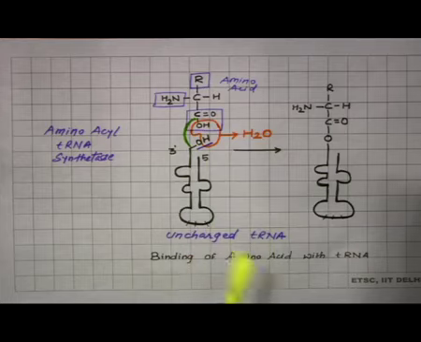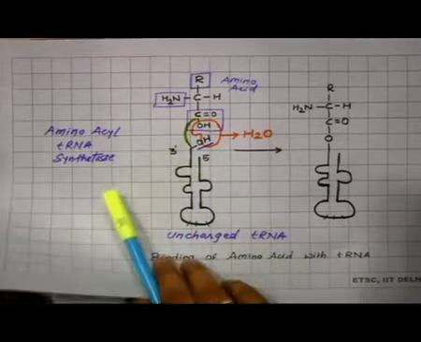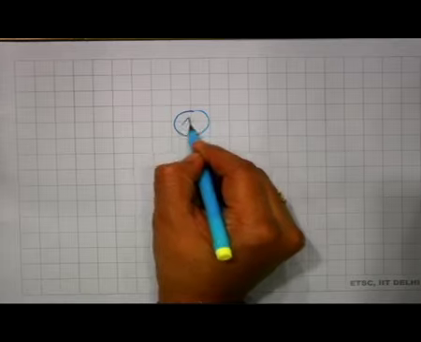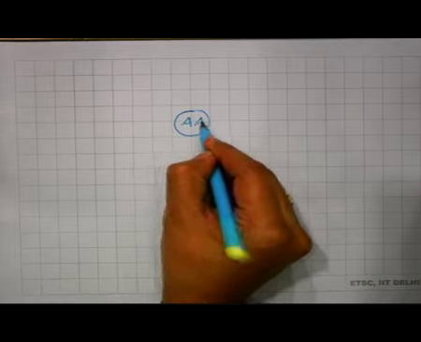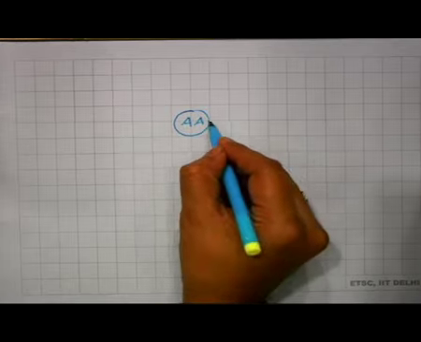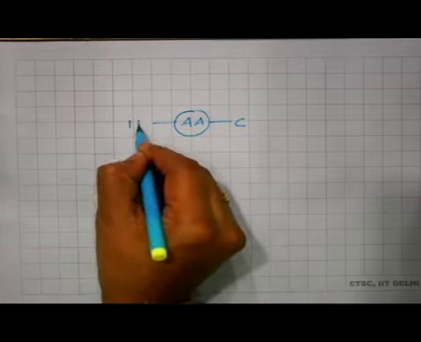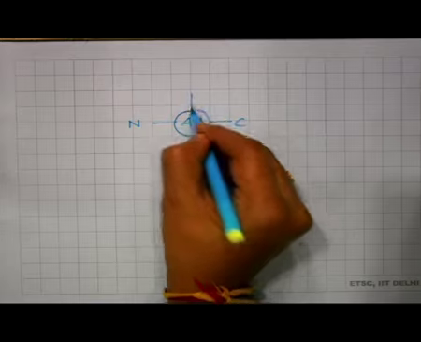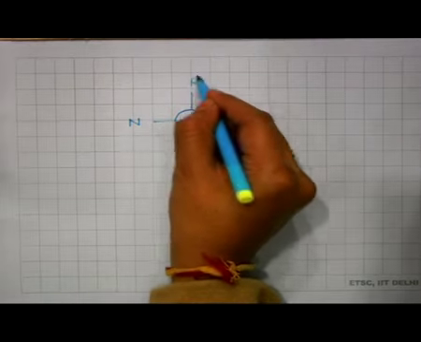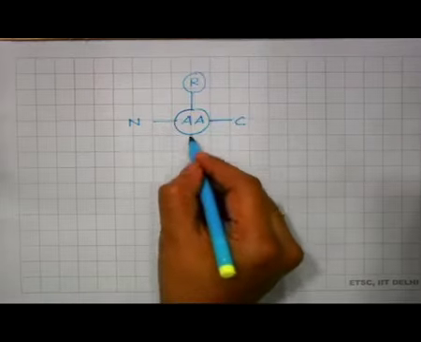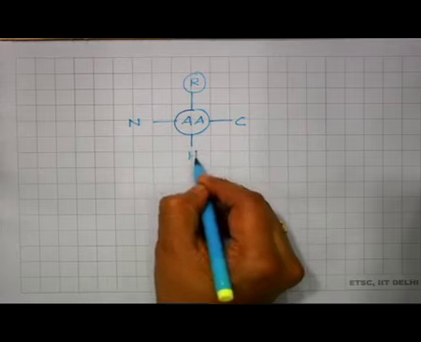So, if we talk about the direction of protein synthesis, as we know, a particular amino acid is having a C terminal, N terminal, R group, R may be any group, and hydrogen.